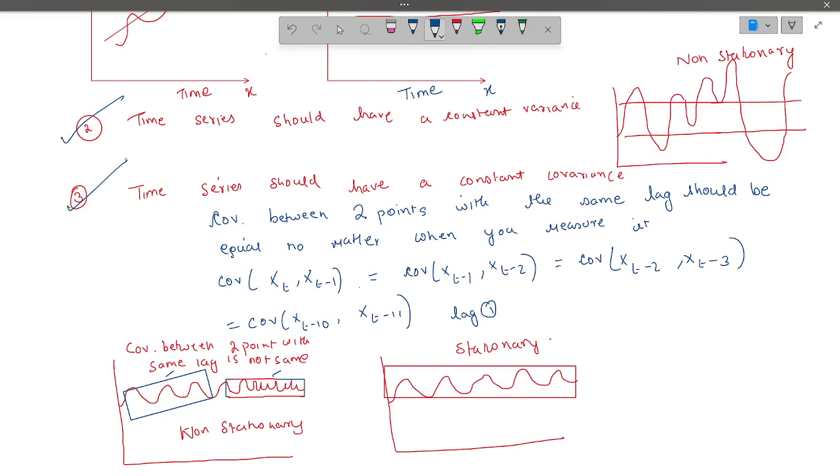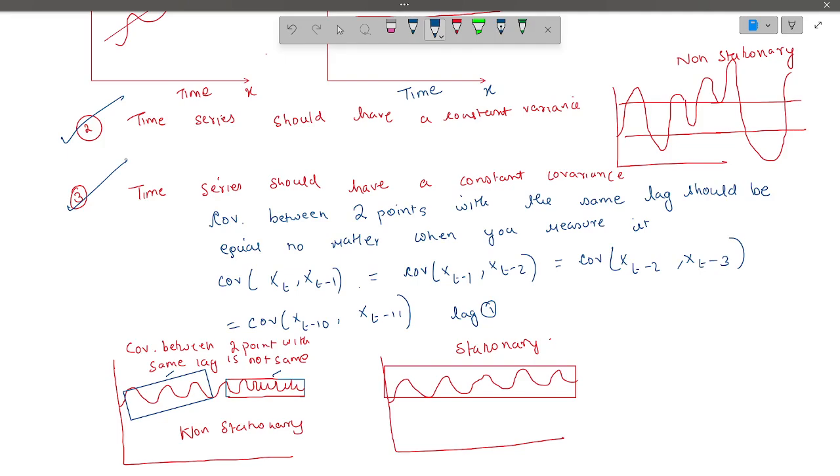How 2 points behave with each other is a function of how far apart they are and not where in time they are. Guys, are we good here? Have we understood this? You can run an AR model on stationary data only, on stationary time series, right?